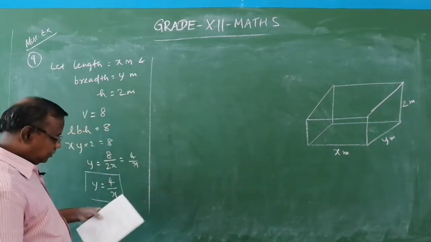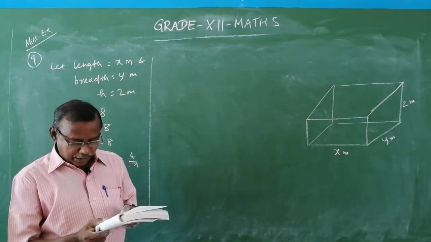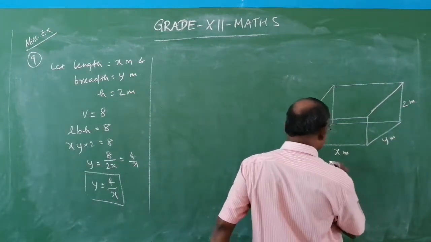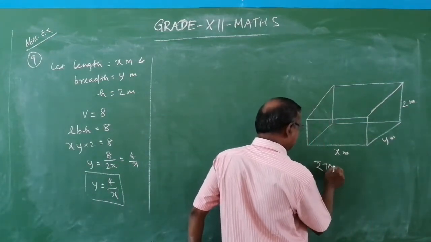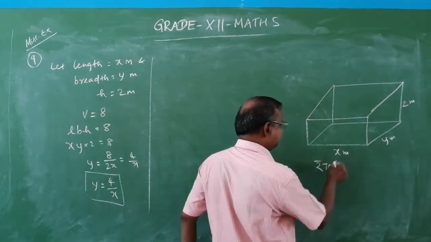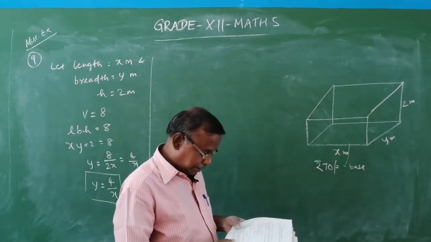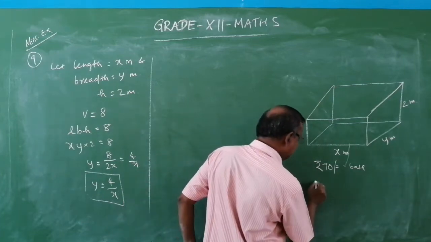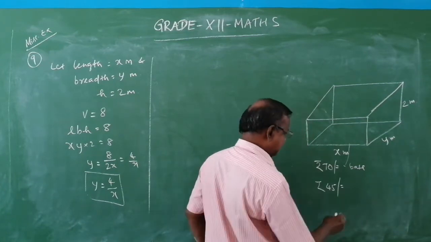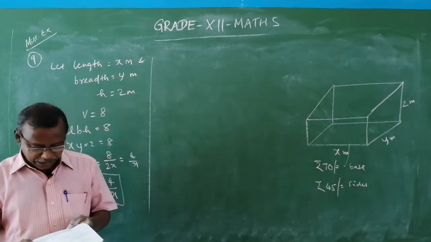Now they have given that if building the tank costs rupees 70 per square meter for the base, and rupees 45 per square meter for the sides, what is the cost of the least expensive tank?